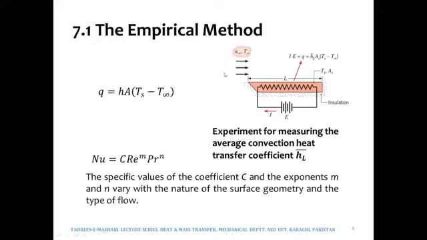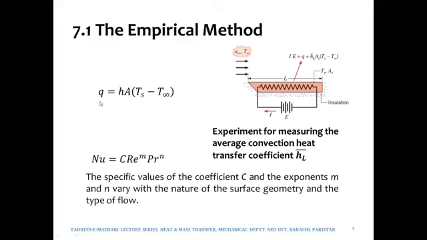Similarly, the temperature of the fluid can also be measured in the same manner. So in this equation we would be having the values of Ts and T infinity. Area would certainly be a known quantity, the area of this surface through which the convection heat transfer would be taking place, and then Q can be evaluated using IV, meaning the product of the voltage difference and the current that would pass through the resistor, because that would be the heat that would be supplied to the plate.